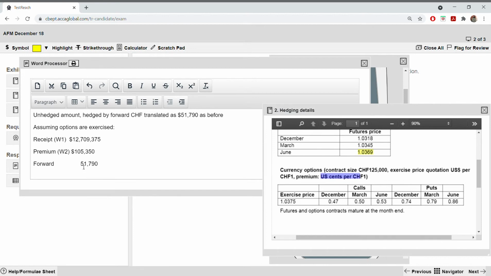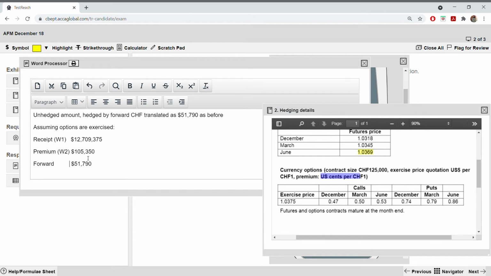Can you see it's not in one line? So I will make sure that it comes in one line. Okay, I will keep this one. I will bring the forward here. Now do you see it looks more neat, more professional, right?